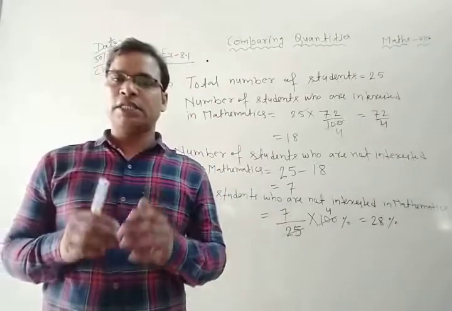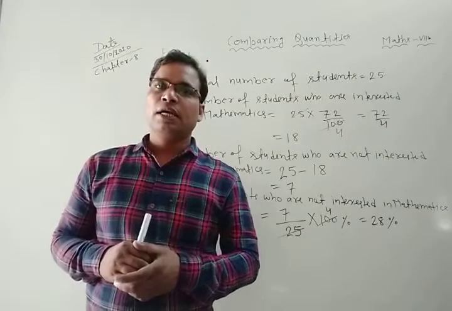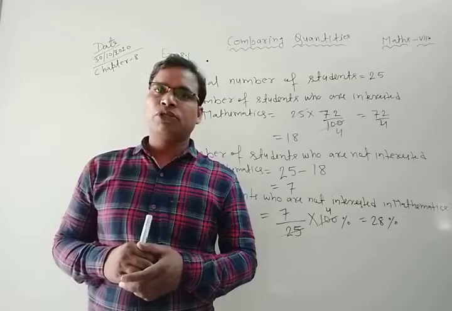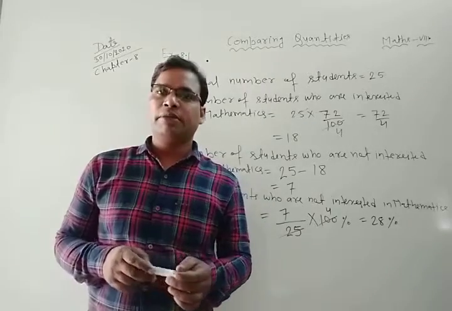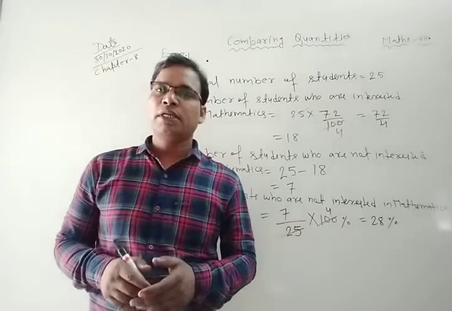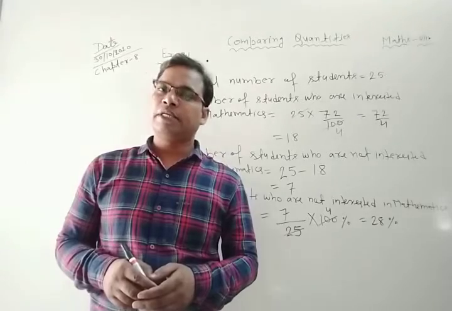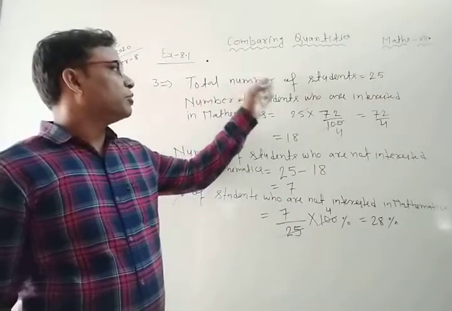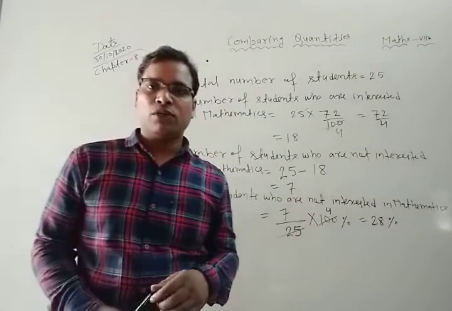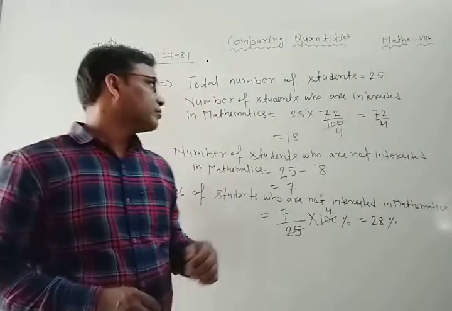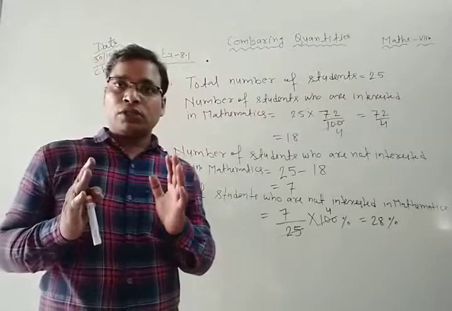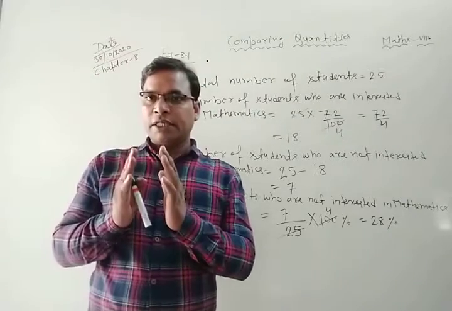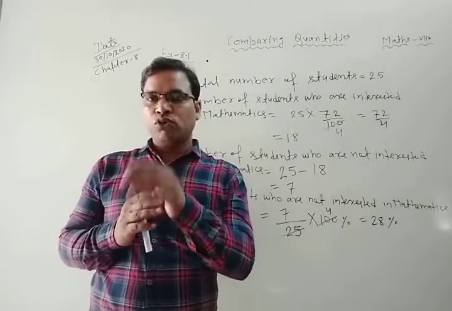In this question, it is given that 72% of students are interested in mathematics. How many are not interested in mathematics? For this, first we write the total number of students, which is given as 25, and the percentage of students interested in mathematics, 72%.